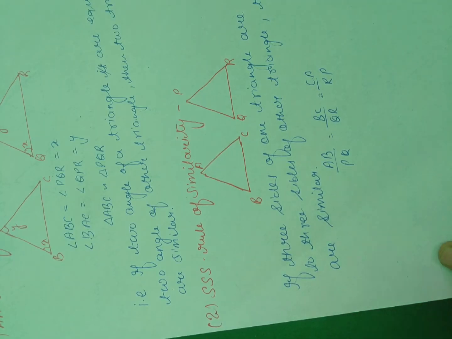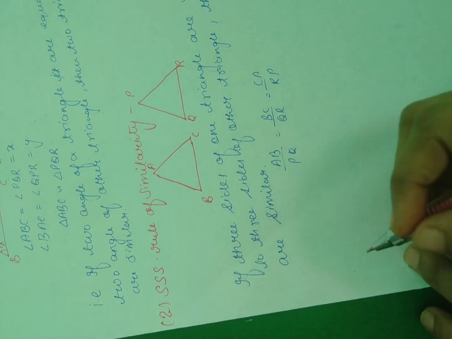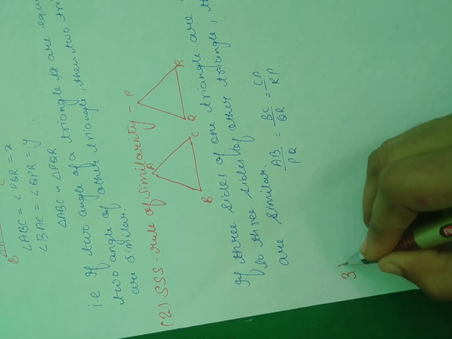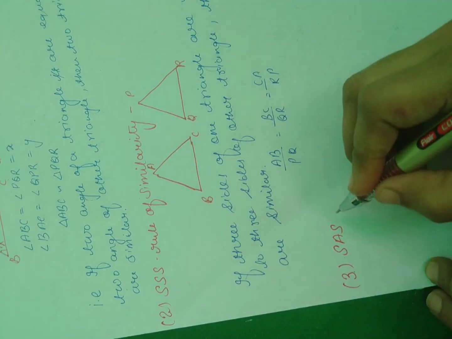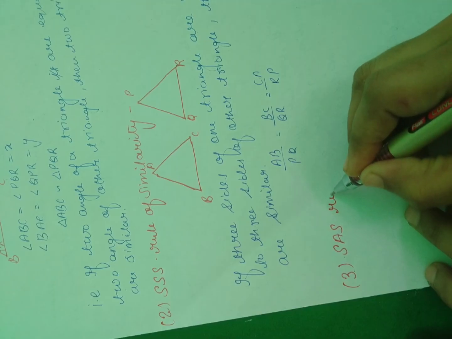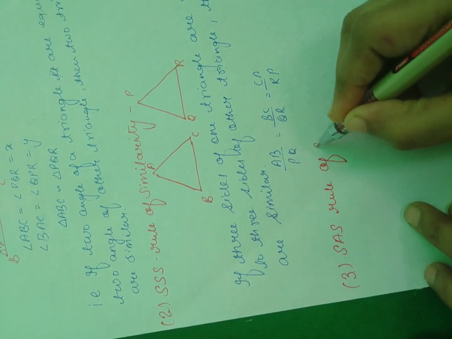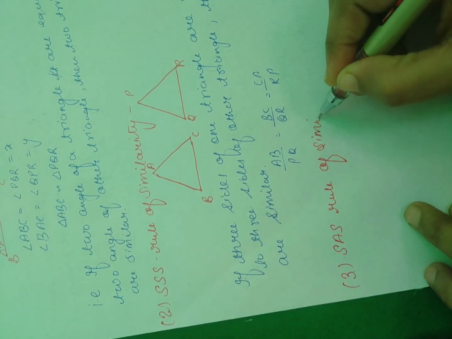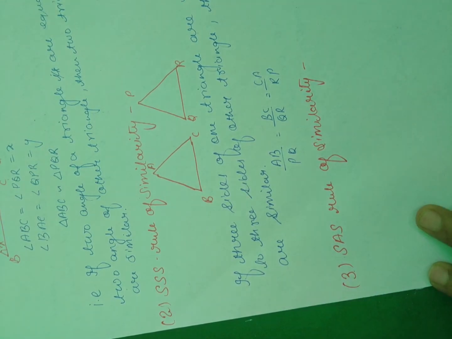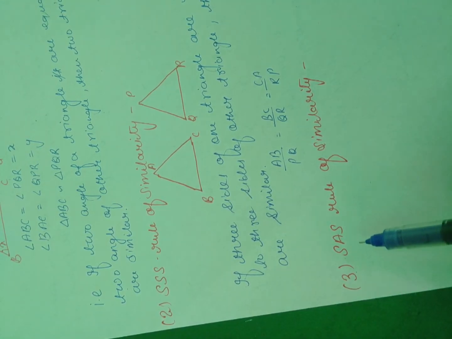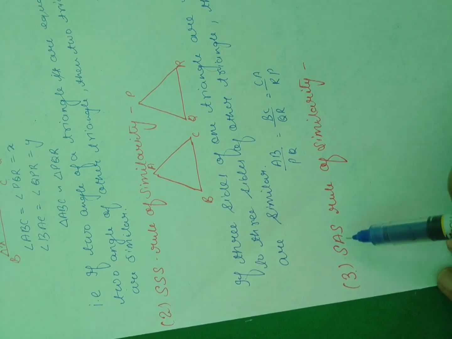So this is the second rule of similarity, and the third rule is the SAS rule of similarity. As the name suggests, SAS means two sides and one angle.